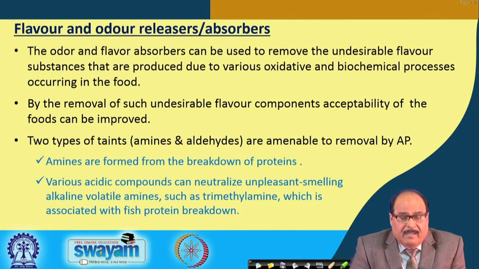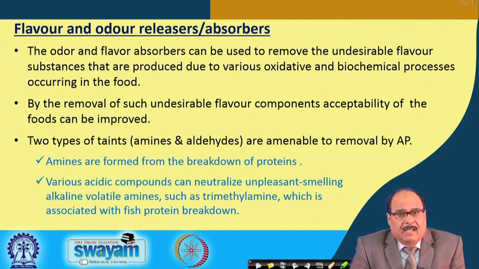Flavor and odor releasers or absorbers are added because odor and flavor absorbers can remove the undesirable flavor substances that might be produced due to various oxidative and biochemical processes occurring in the food.